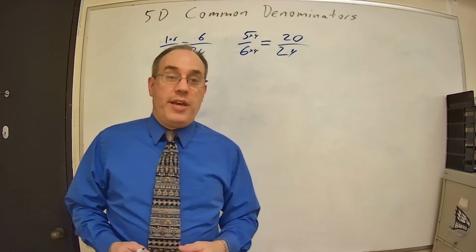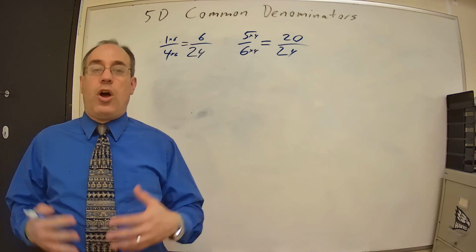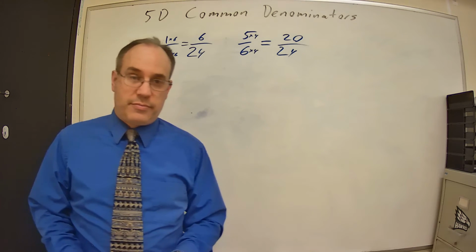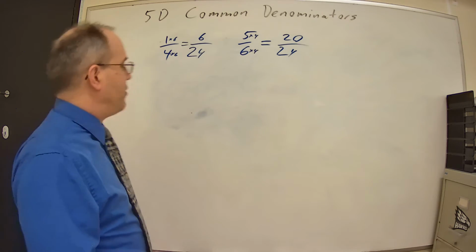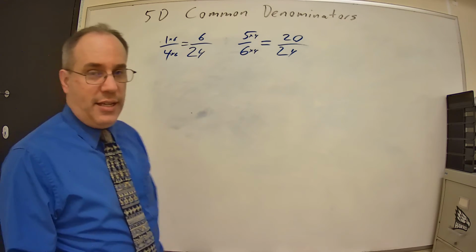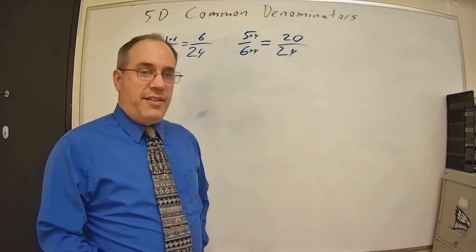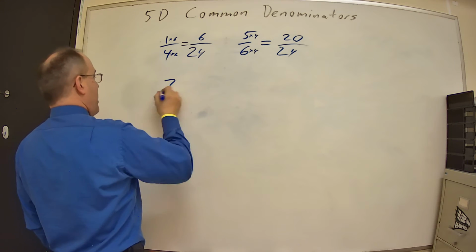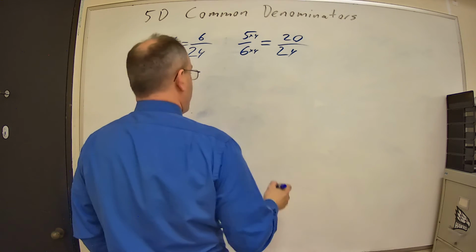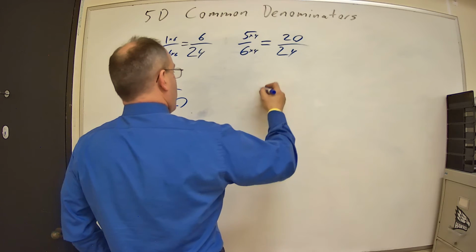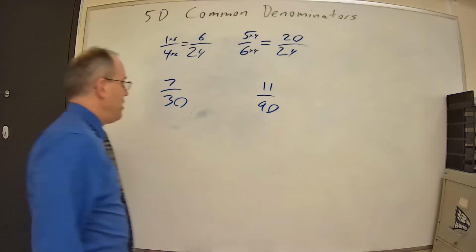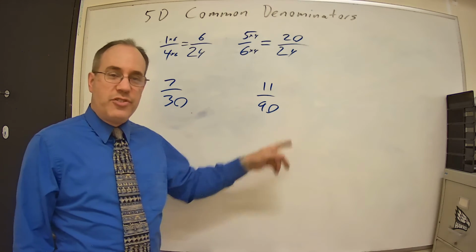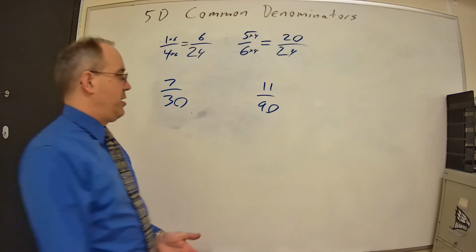Many times that will make you have to deal with a much larger value than you would otherwise. Especially if you have something like 30 and 90. 30 and 90, let's say we have 7/30 and 11/90. If we multiply those two together, 30 times 90 is 2,700.